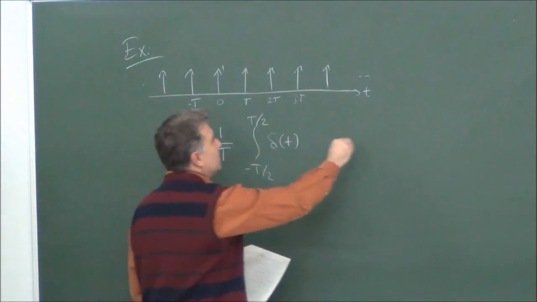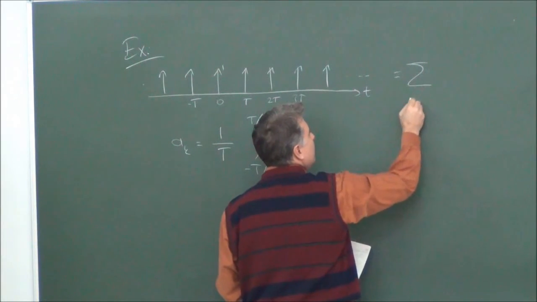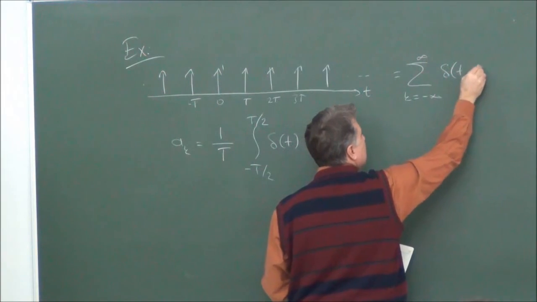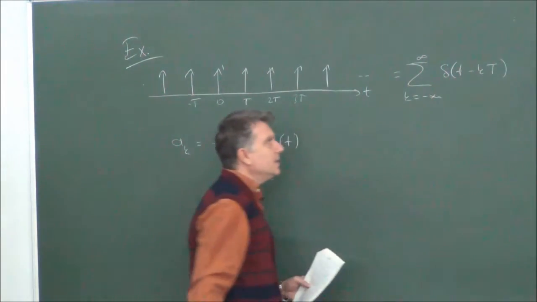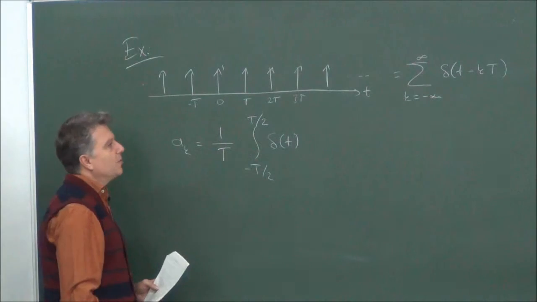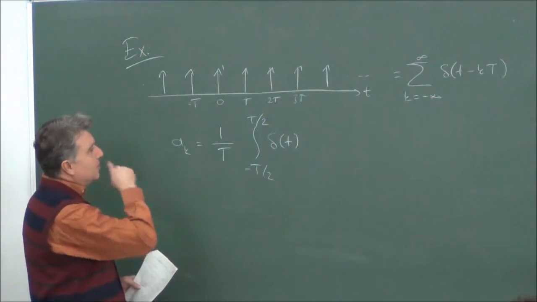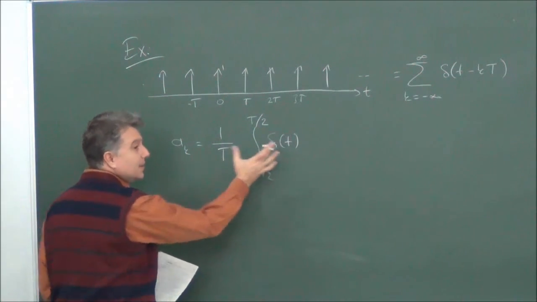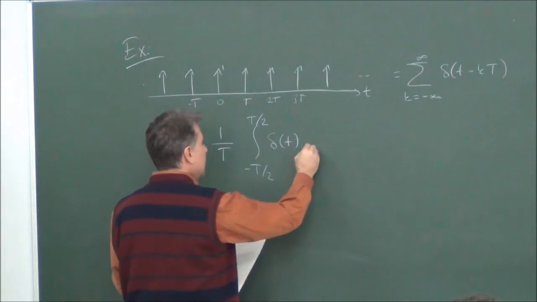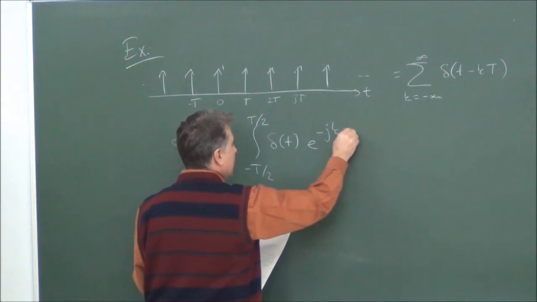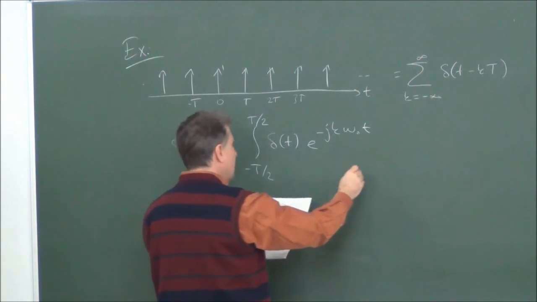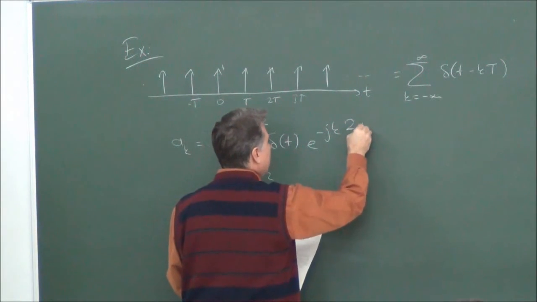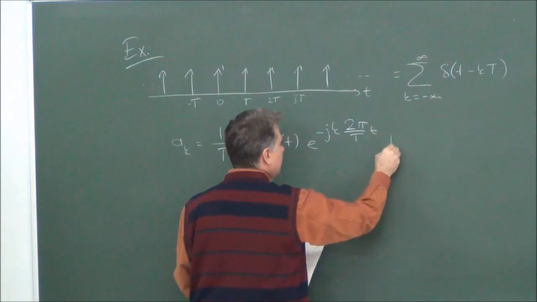By the way, the expression of this signal is the sum over k from minus infinity to infinity of delta(t minus kT). That is the impulse train consisting of infinitely many impulses from minus infinity to infinity in time. But within one period, it is only delta(t). And then e to the minus jk omega 0 t. Let me substitute this omega 0 already, 2 pi over capital T, t dt.